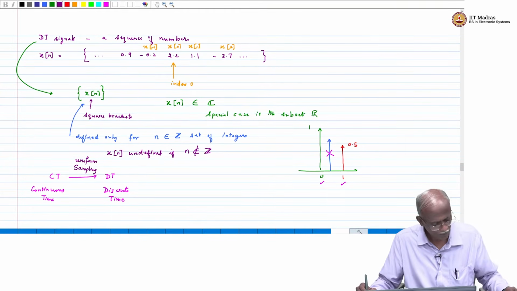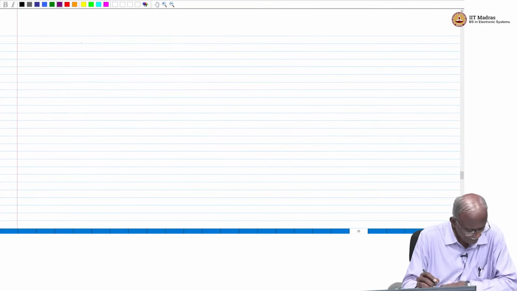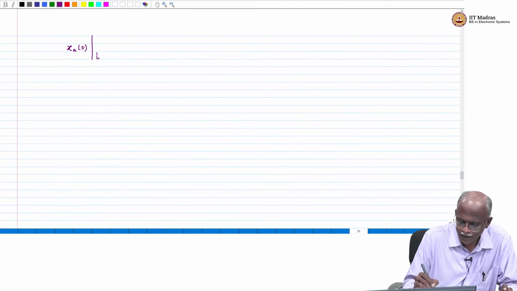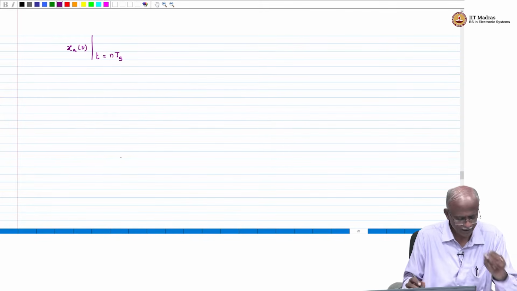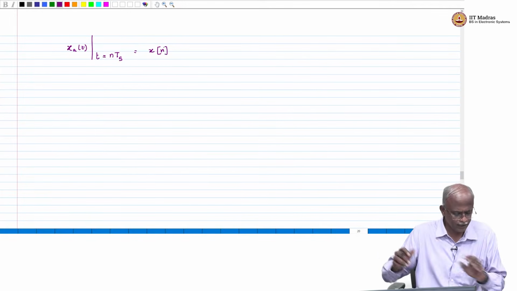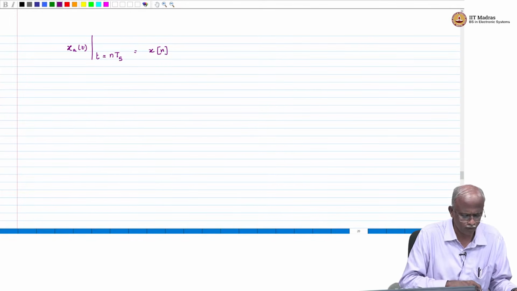And what is uniform sampling? We said that we will take x_a(t), the continuous time signal, and evaluate it at uniformly spaced points on the time axis nTs, and these points we will denote as the sequence of values x[n].